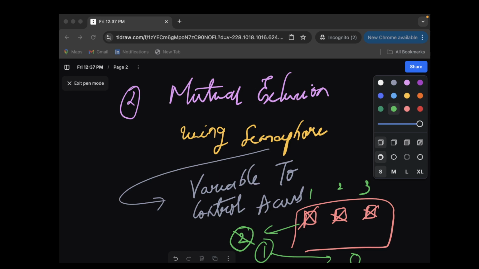For mutual exclusion, the value can be 1 or 0, binary, thread unlock, critical section.